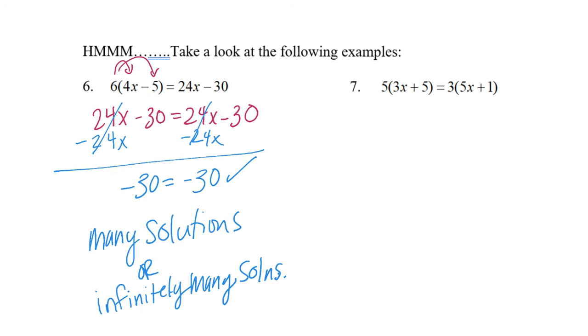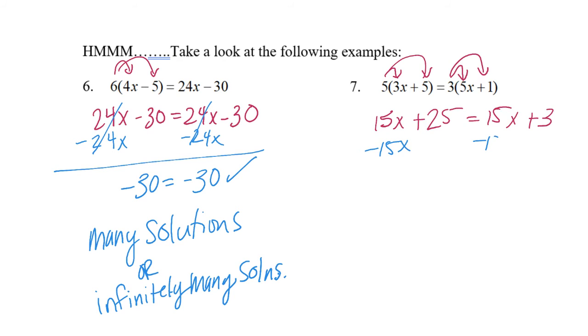All right, let's look at number 7. Same thing, distribute on both sides. Minus the 15x on both sides. And you'll see this time we get, just like we did last time, 25 equals 3, which we know is not true.